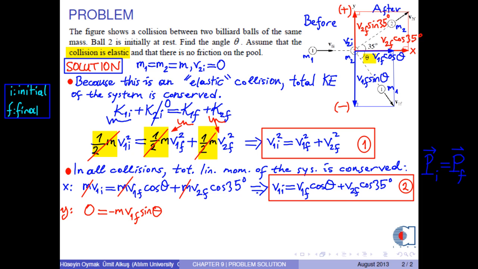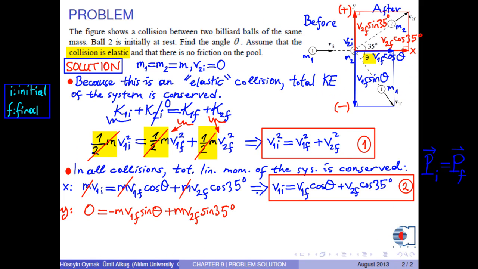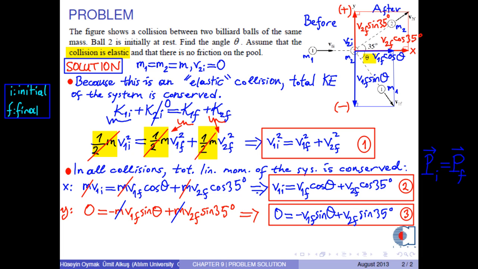And the y component of the final momentum of ball 2 is m times v2F times sine 35 degrees because it is in the positive y direction. Again, m's are cancelled. 0 equals negative v1F times sine theta plus v2F times sine 35 degrees.